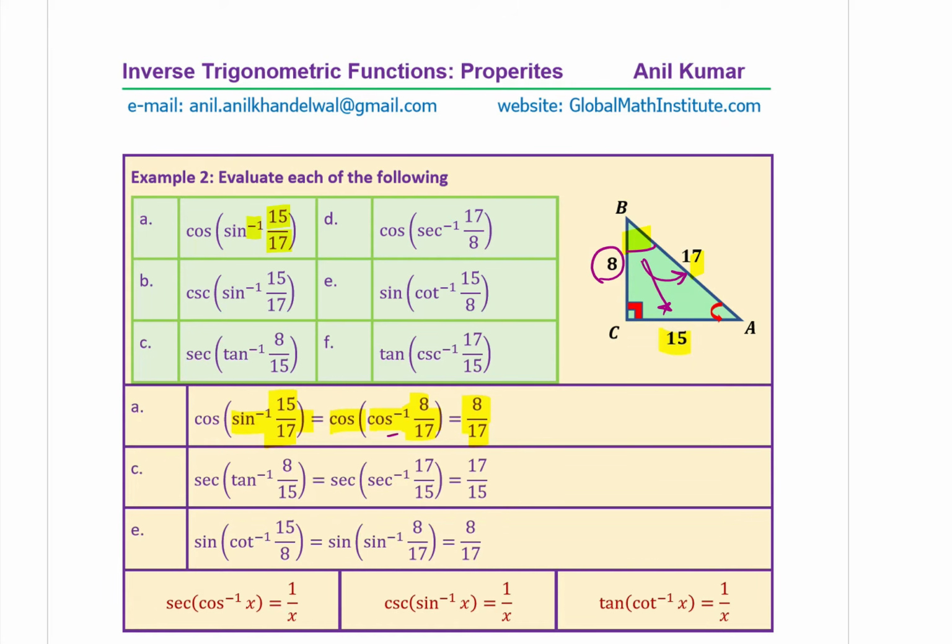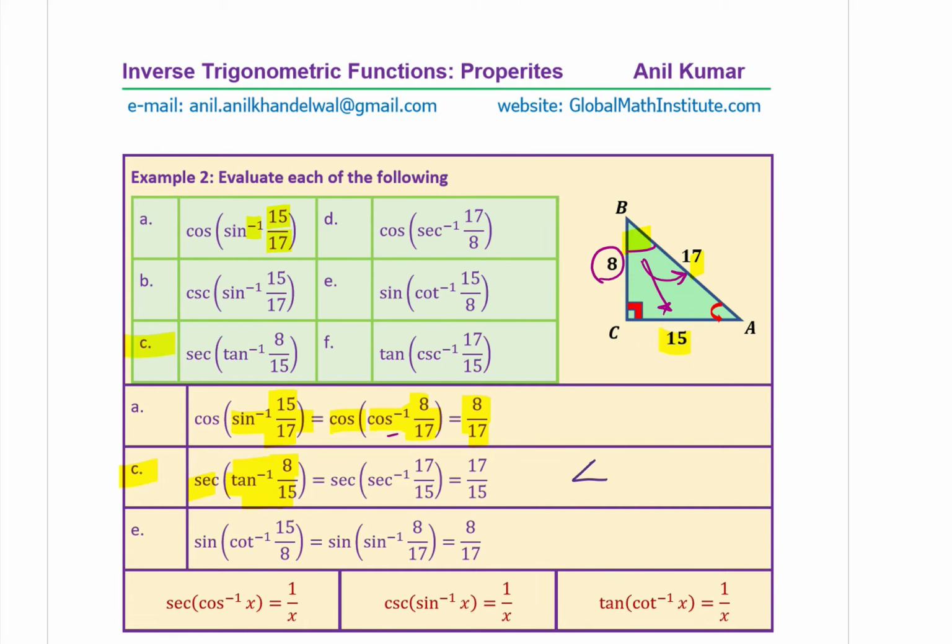Got it, right? Now let's take another example, which is example C. Secant of tan inverse 8 over 15. Same triangle can work for us. We have to write the inside function as a secant function, correct? So from here, we are saying tan inverse 8 over 15. That means now we are looking at 8 as the opposite side.